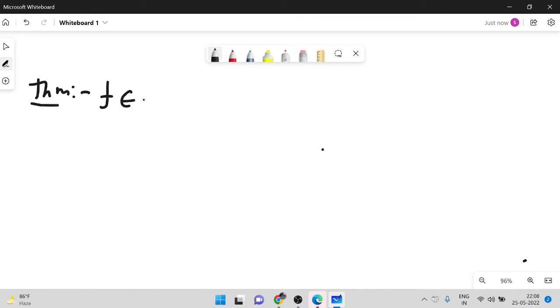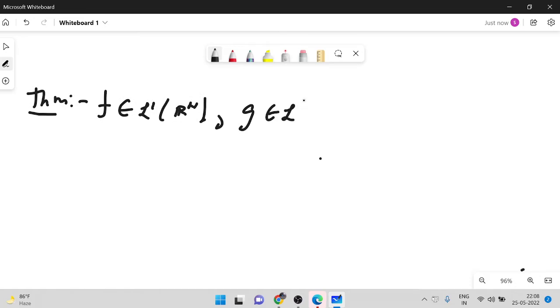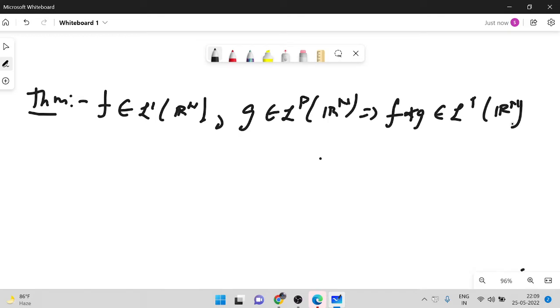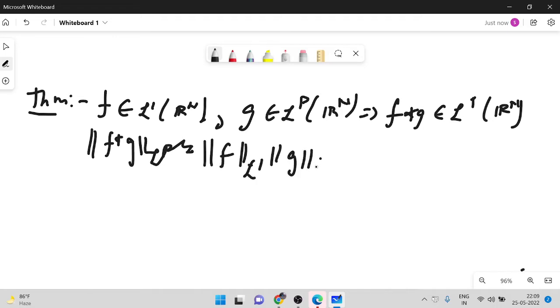If f belongs to L1 of Rn and g belongs to Lp of Rn, this implies f star g is well defined and further it belongs to Lp of Rn, and the norm of f star g in Lp is less than or equal to norm f in L1 times norm g in Lp. I'll skip the proof of this, it's kind of easy.